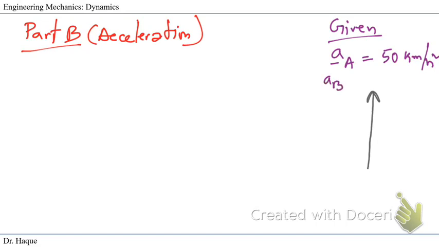The acceleration of B is also given, which is 100 kilometer per hour square, which was moving in this direction, and the angle between these two is 45.